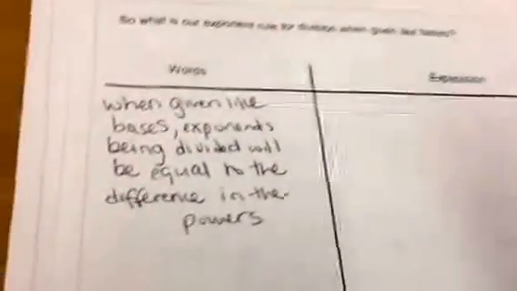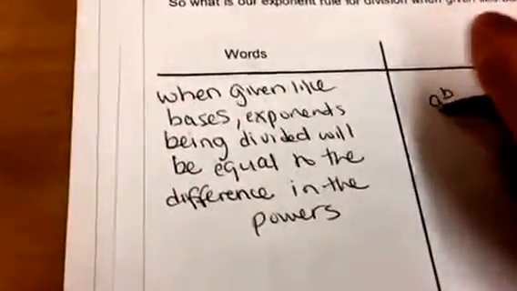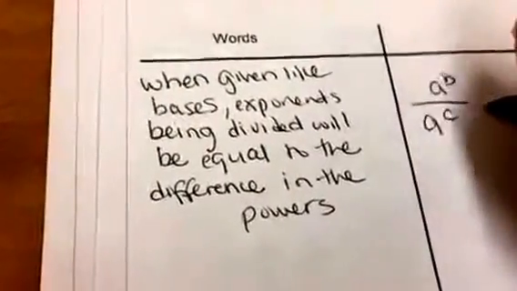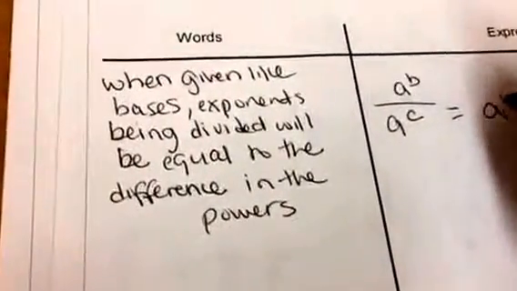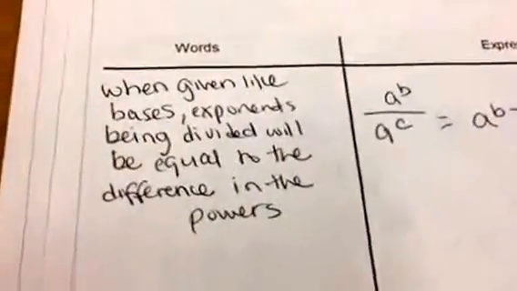So what does that look like as an expression? A to the B over A to the C is equal to A to the B minus C.